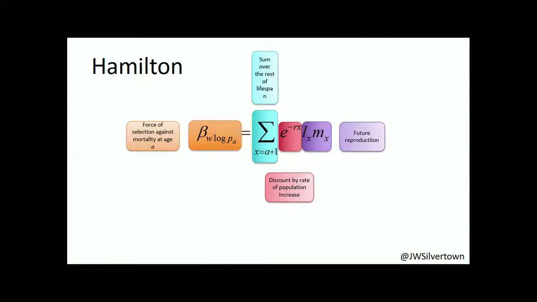The point here being that if you reproduce young, you make a bigger contribution to the finite rate of increase of the population than if you reproduce old, just because you've got more time. You're in at the beginning. It's the compound interest effect, essentially. Now, here we've got an age-specific theory of how selection on mortality varies with age, whereas Williams' one is essentially age-independent. He says that.